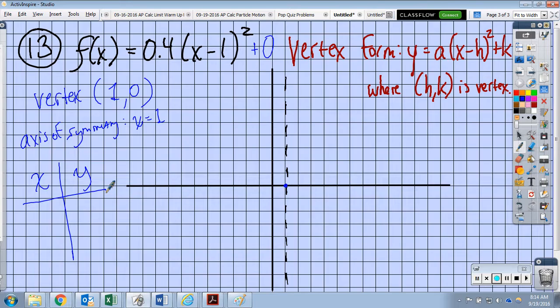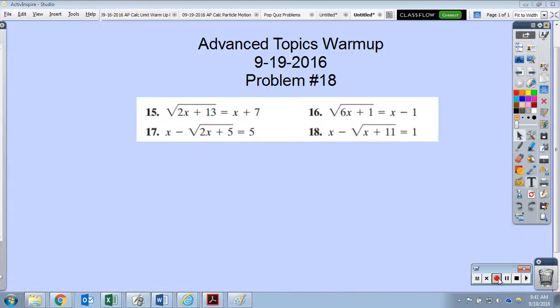When you just plug in values for your x, you're going to see what your outputs for y are and just go ahead and graph it. So let's go ahead and try that from this point forward. If you don't have a partner, I suggest that you definitely pair up, unless you strongly prefer to work on your own.